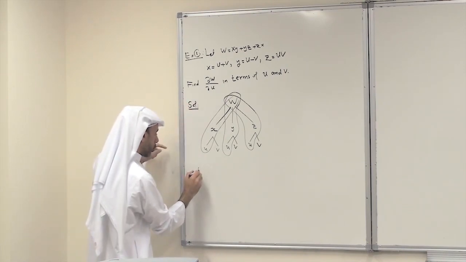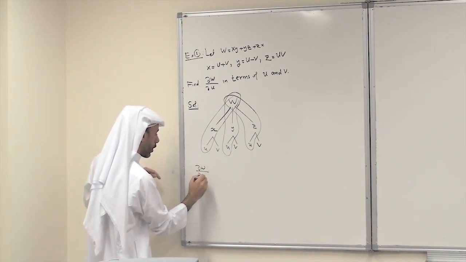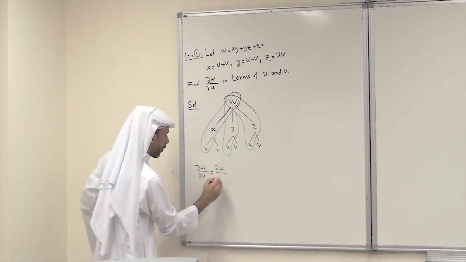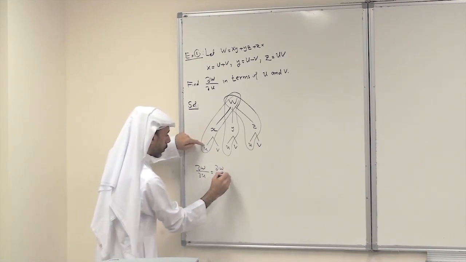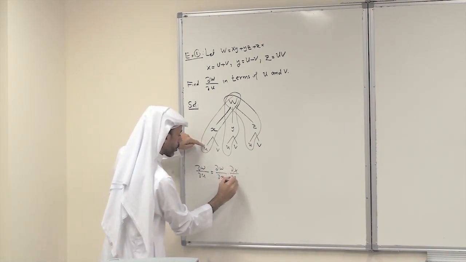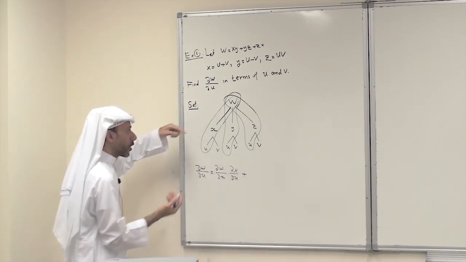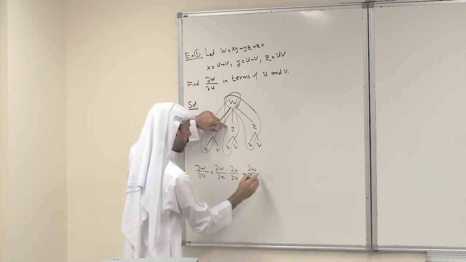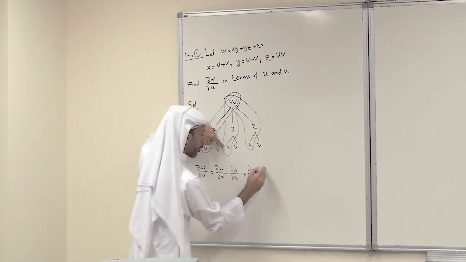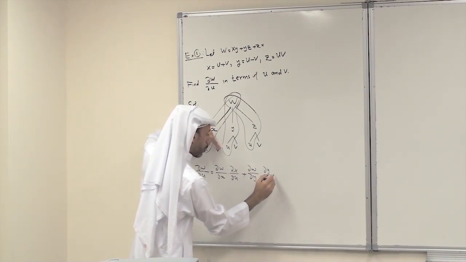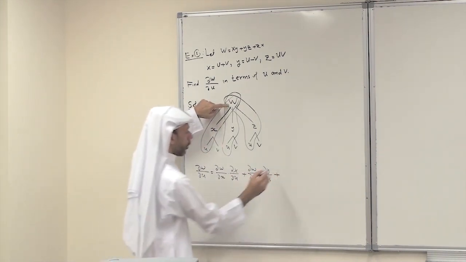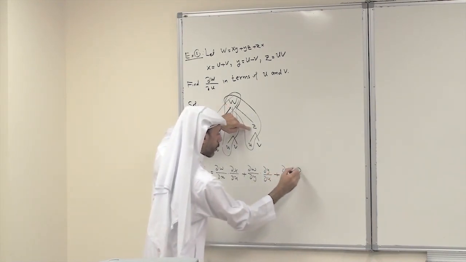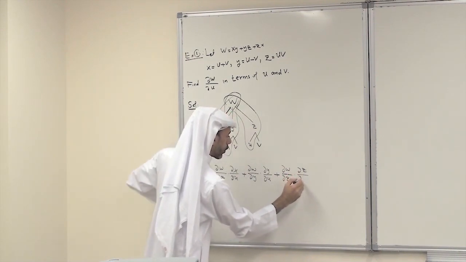So partial W partial u equals, through the first path, partial W partial x times partial x partial u, plus through the second path, partial W partial y times partial y partial u, plus through the last path, partial W partial z times partial z partial u.